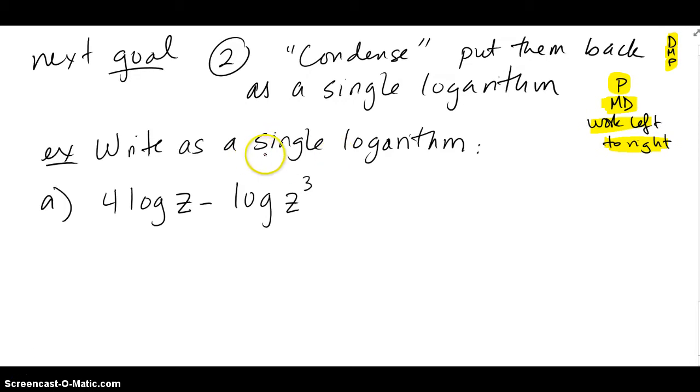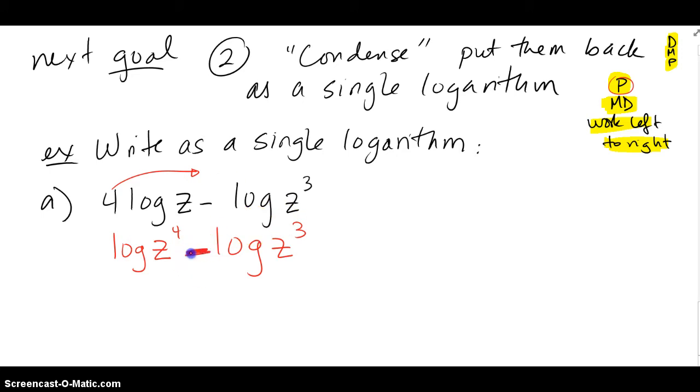Okay, I'm supposed to write this as a single logarithm. So I want to get the logs by themselves first, so I move this 4 up because that's my first step. I have to take care of the power. So I end up with log z to the 4th minus log z to the 3rd. Don't bring the 3 down, because your whole goal is to move them up and write a single logarithm.